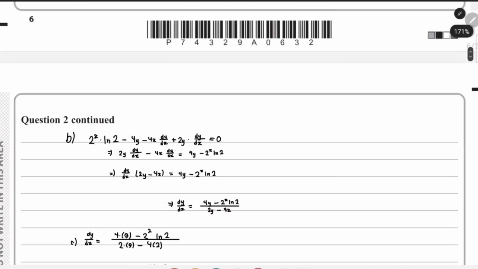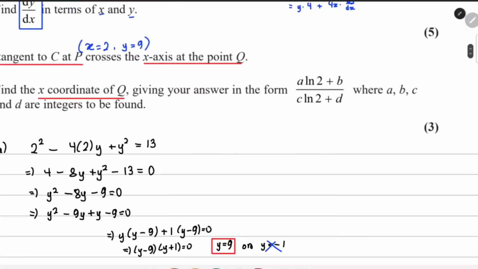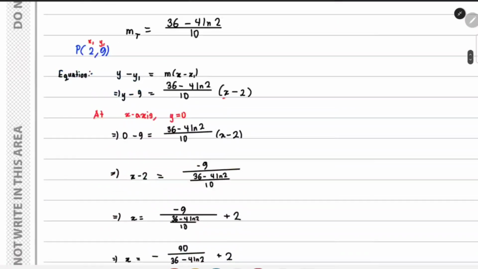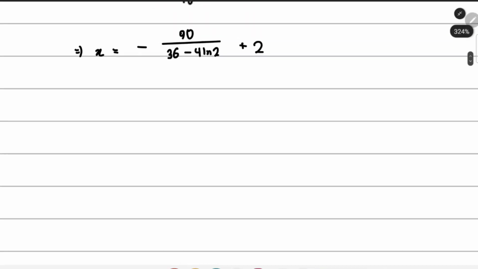But if I look over here, I want it in this form, which I don't have yet. I want ln 2 on the numerator and the denominator, and there's nothing outside the fraction. But here we have the plus 2. So I'll just move it here.